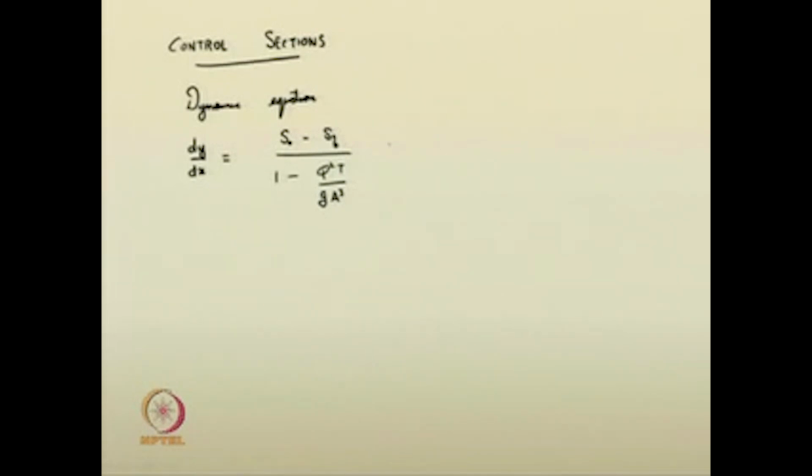This was again represented in terms of section factor and conveyance factors, 1 minus (K_n by K) whole squared by 1 minus (Z_c by Z) whole squared. So, what do you understand from these expressions?